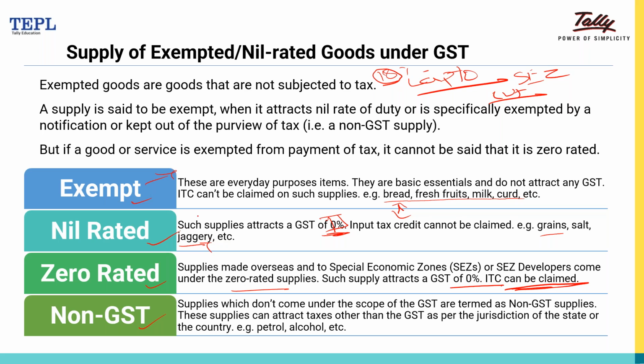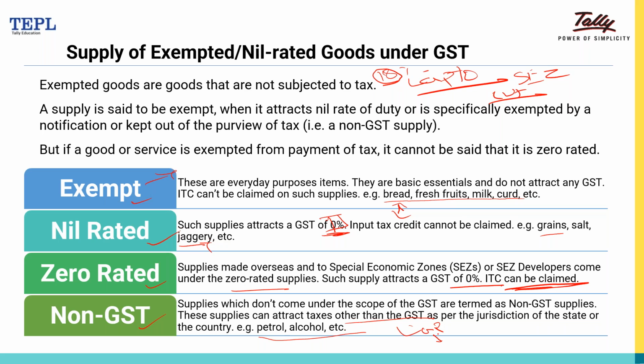Now non-GST. Supplies which don't come under the scope of the GST are termed as non-GST supplies. These supplies can attract tax other than the GST. So here it's important, other than the GST, as per the jurisdiction of the state or the country. For example, petrol and alcohol for human consumption. Suppose you want to supply a laptop as well as petrol.